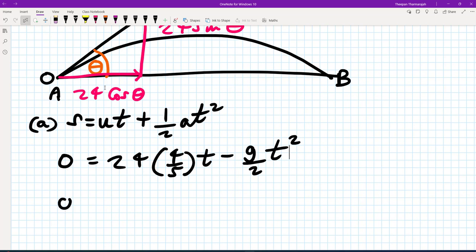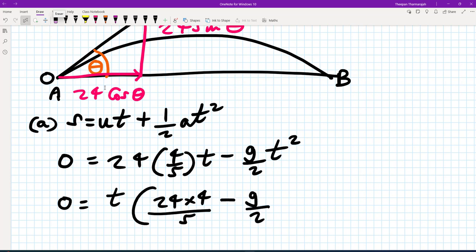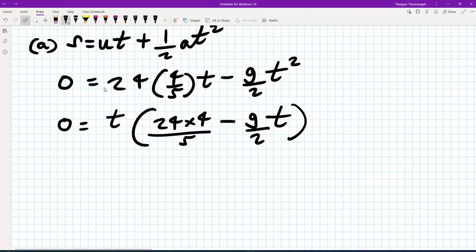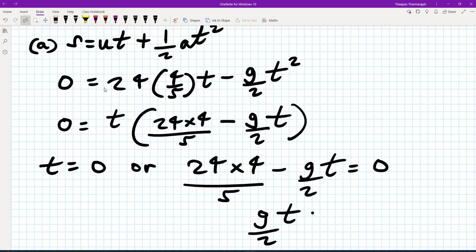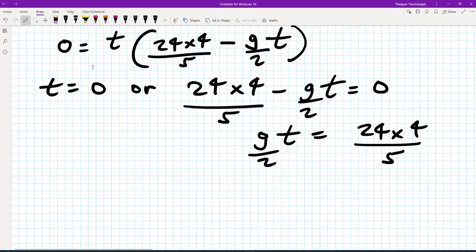So we can factorize that to give us 24 times 4 over 5 minus g over 2 t. Now we can solve that to give, well, t equals 0. The particle is obviously at the origin. So the other value is 24 times 4 over 5 minus g over 2 t equals 0. We can solve for that. g over 2 t is 24 times 4 over 5, and we're just going to divide it by 4.9 essentially.